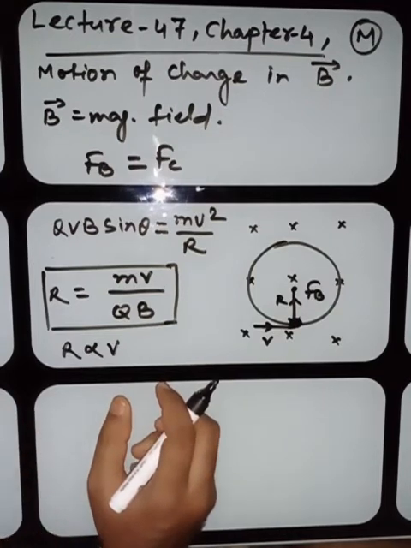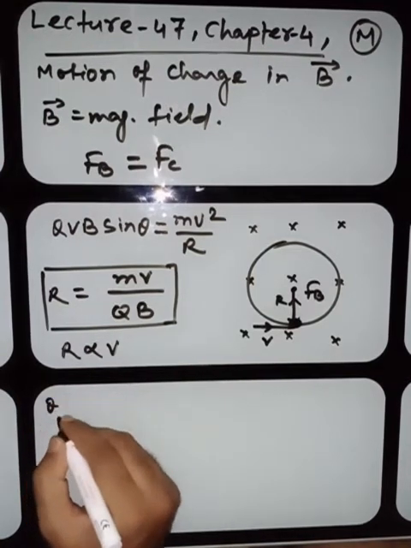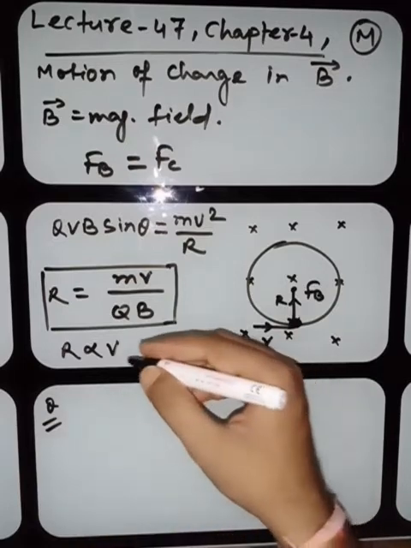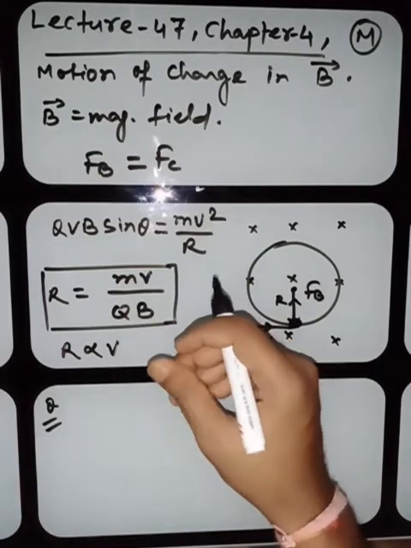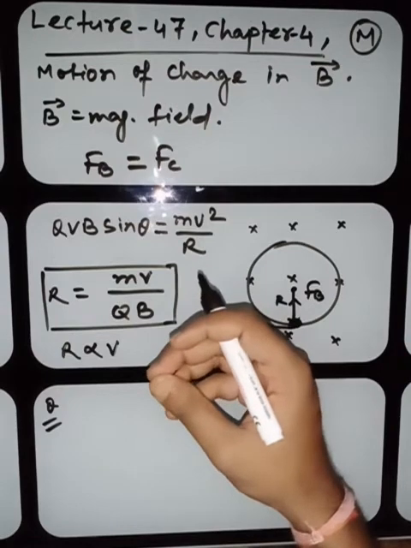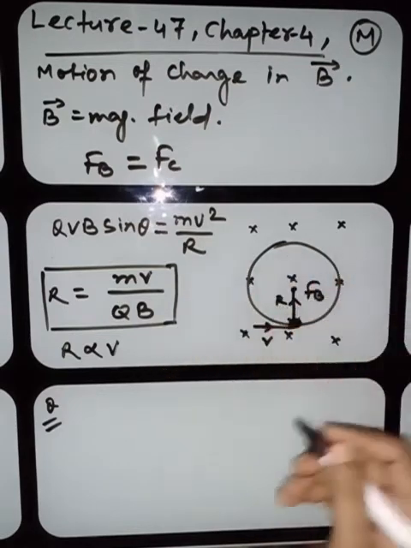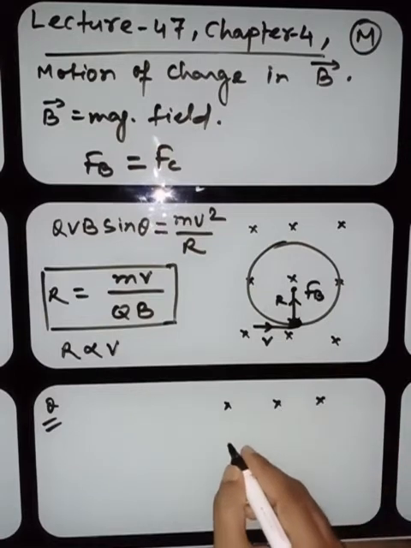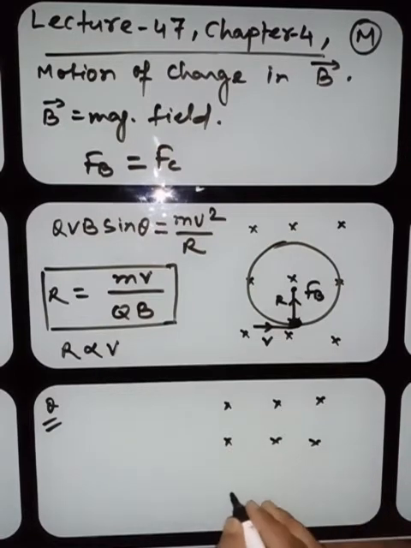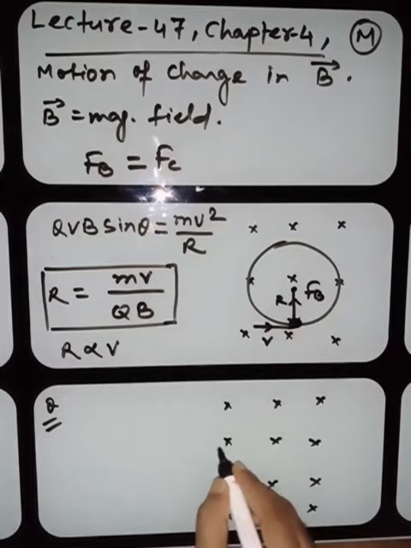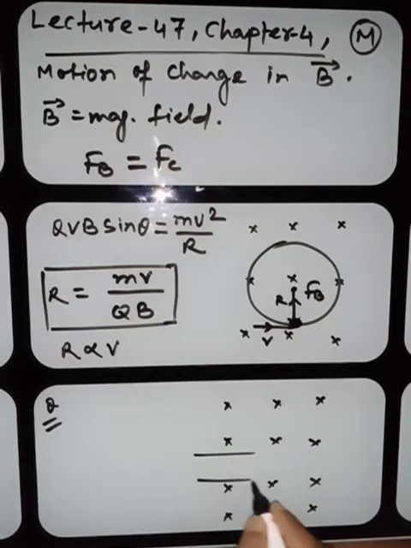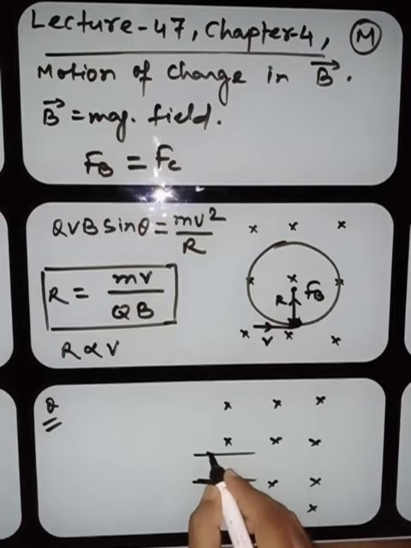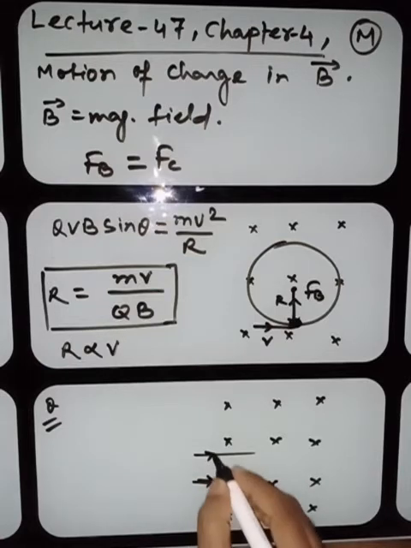It is a question that has been asked in the board exam, my dear students. Suppose an electron and a proton enter a region of uniform magnetic field. You project a proton and an electron with the same speed v.